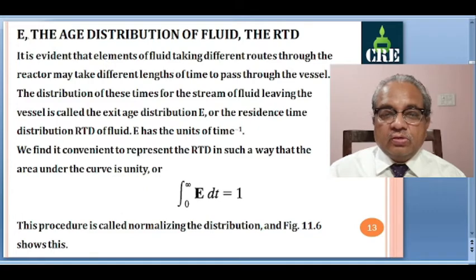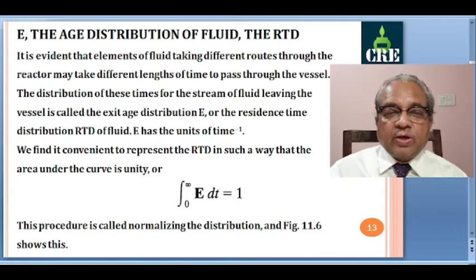So E, this concept of E, exit age, the exit age distribution or residence time distribution. So we have seen it is evident that the elements of fluid taking different routes through the reactor may take different lengths of time.